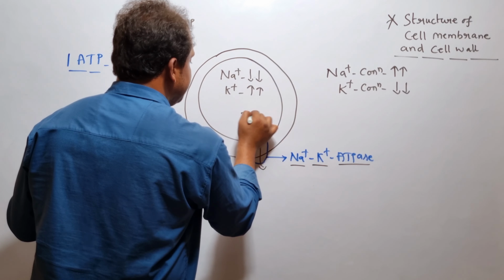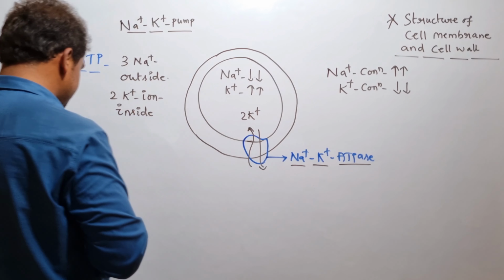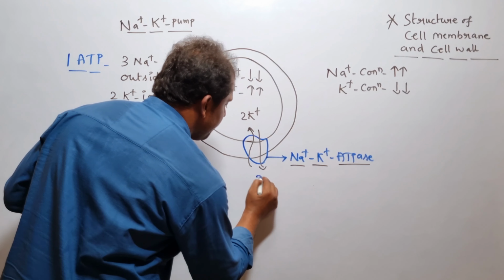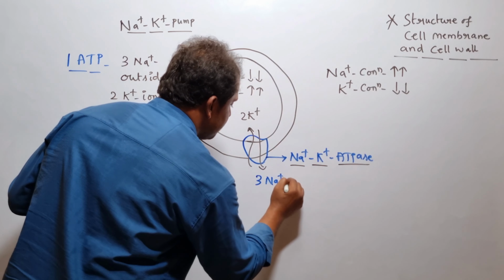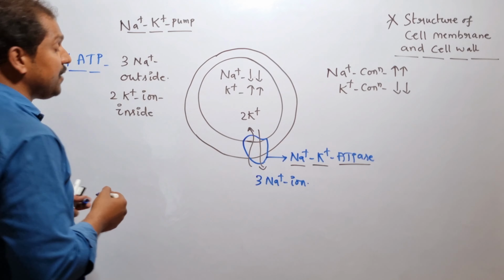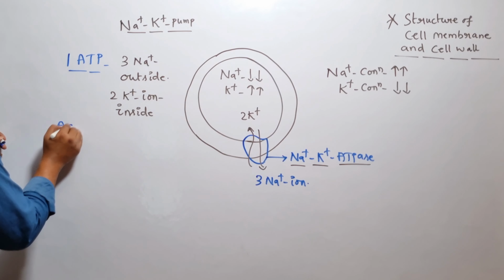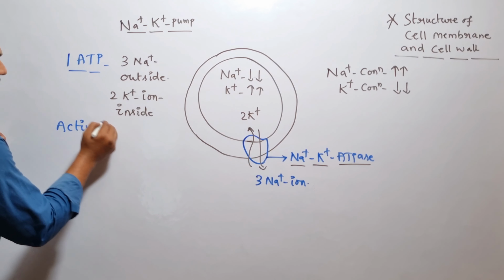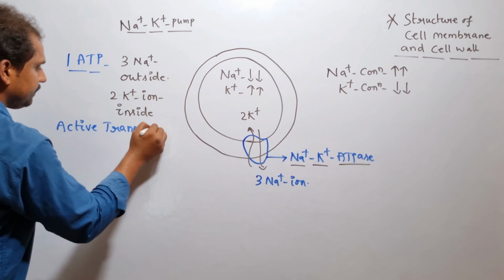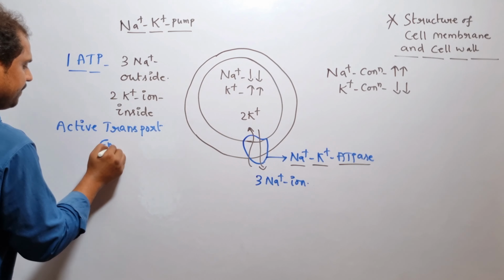So here it is nothing but what? 2 potassium ions, and 3 sodium ions, against their concentration gradient. And here it is nothing but what? Active transport. Active transport is an energy dependent process.